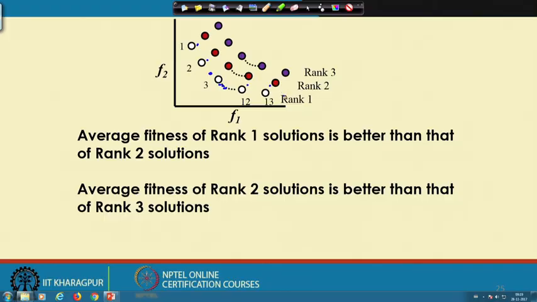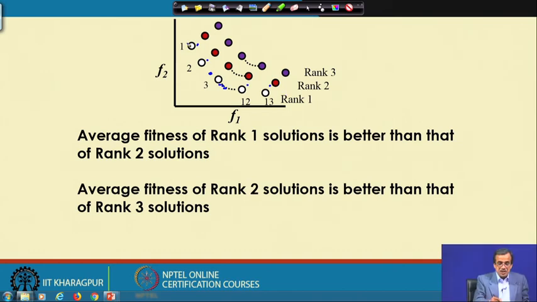So, I am just going to consider there are 13 solutions on the rank 1, and out of 13, 1 and 2 and then 12 and 13 are too far from the remaining solutions. Now, this is the problem.